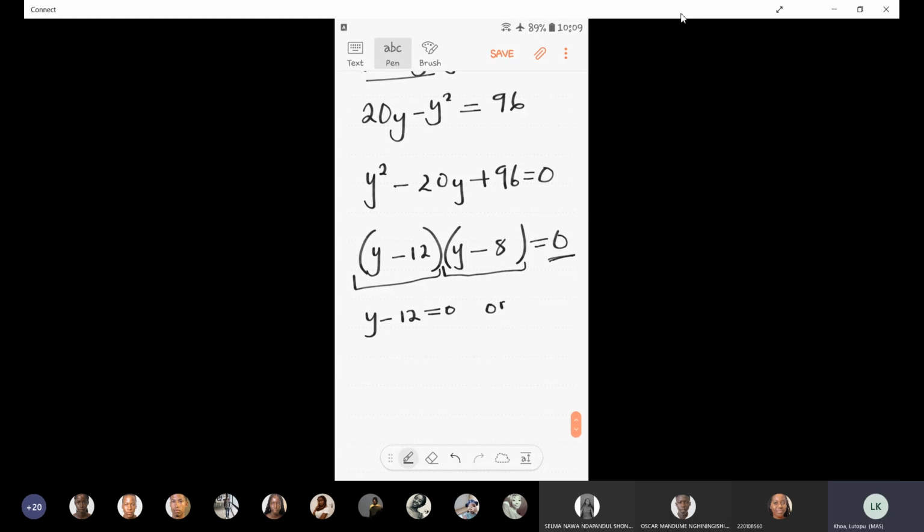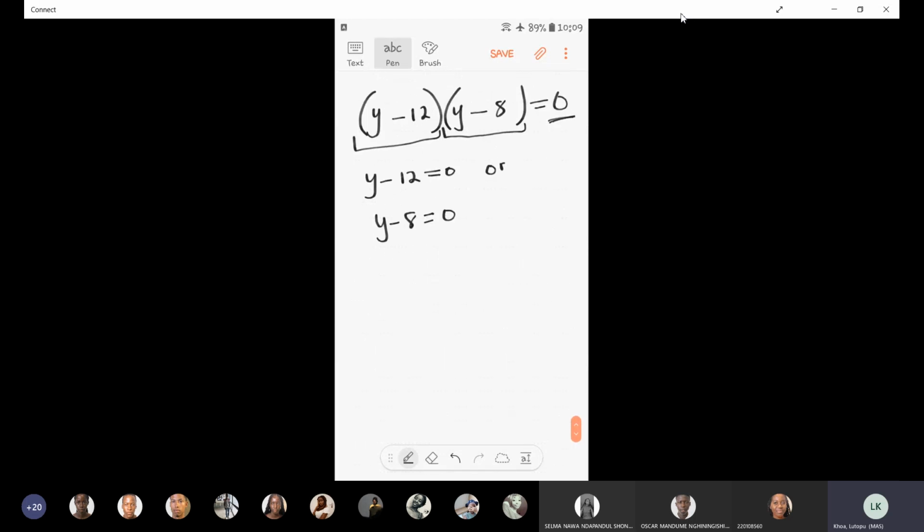Okay, so then we have y minus 8 is equal to 0. And this means that y is equal to 12 or y is equal to 8. Then you need to work out the value of x.